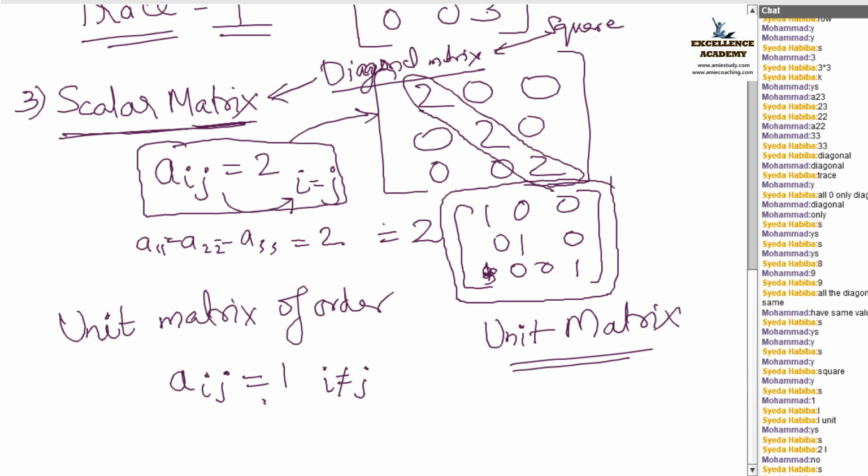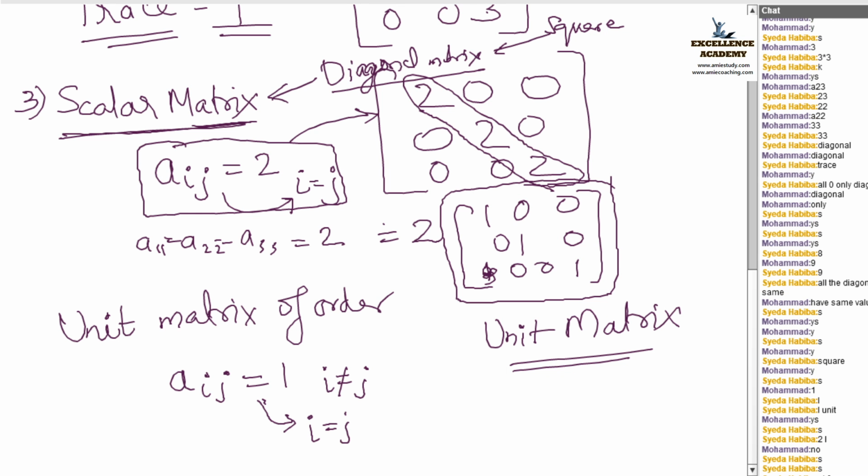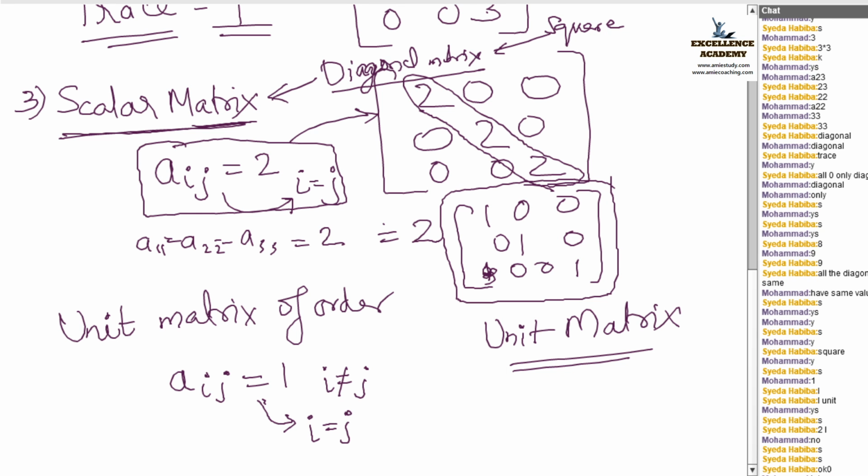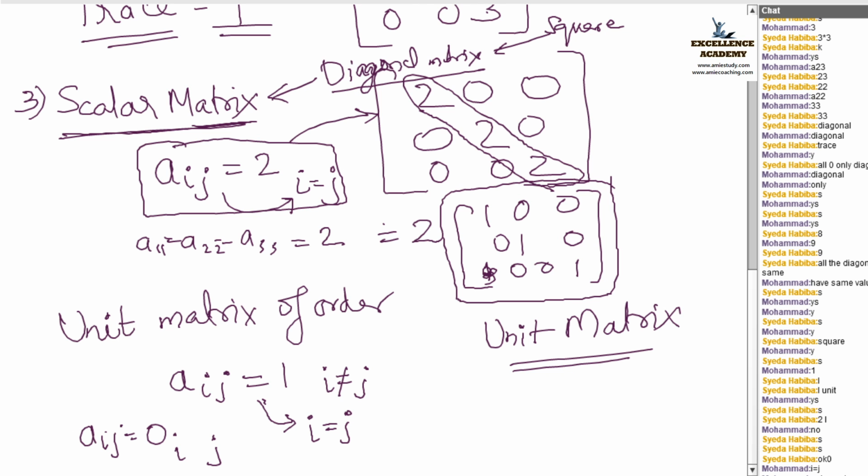We can call it a unit matrix only when Aij equal to 1 when i is equal to j, isn't it? And what about the other condition? Aij is equal to 0 for i not equal to j.